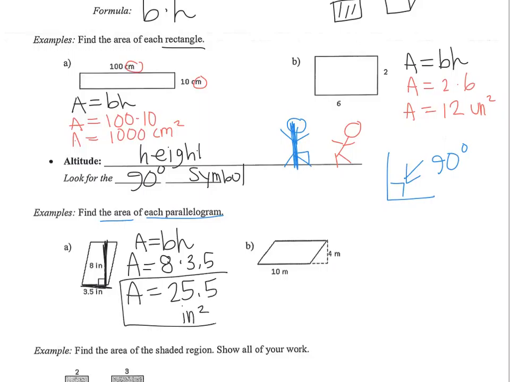Always have inches squared. And then this one, area equals base times height. Area equals, the base is 10 and the height is 4 because this makes a 90. 4 times 10, so area is 40 meters squared.